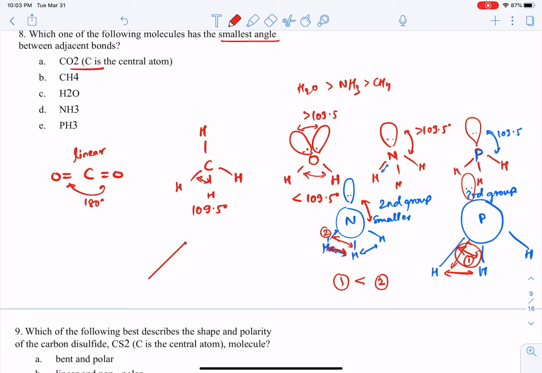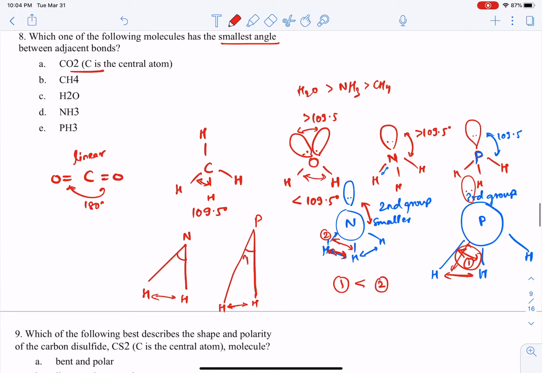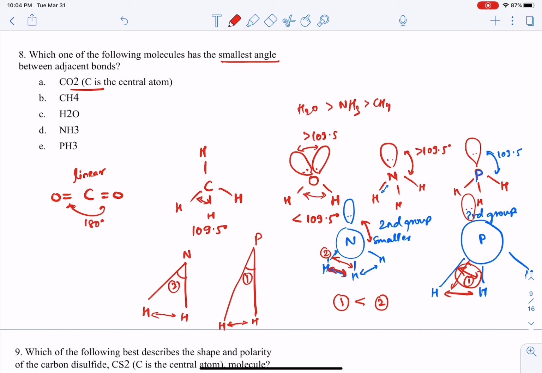In N it's something like this, H and N, whereas in P they go much further away. So even if the gap, this is just trying to make you understand in the form of geometry, the gap is the same between H and H, angle 1 is smaller compared to angle 2. Okay, so that's why we would have the smallest angle.